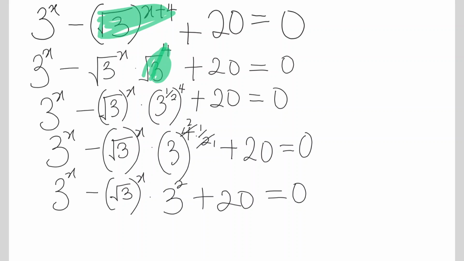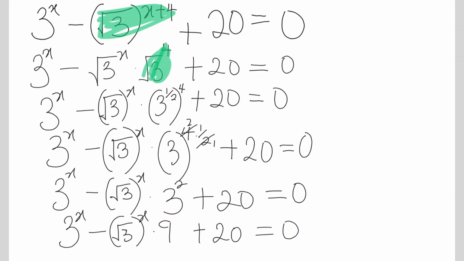Then we progress also from there. So we're going to be having 3 raised to the power of x minus the square root of 3 raised to the power of x multiplying by 9. Then we have plus 20 equal to 0.